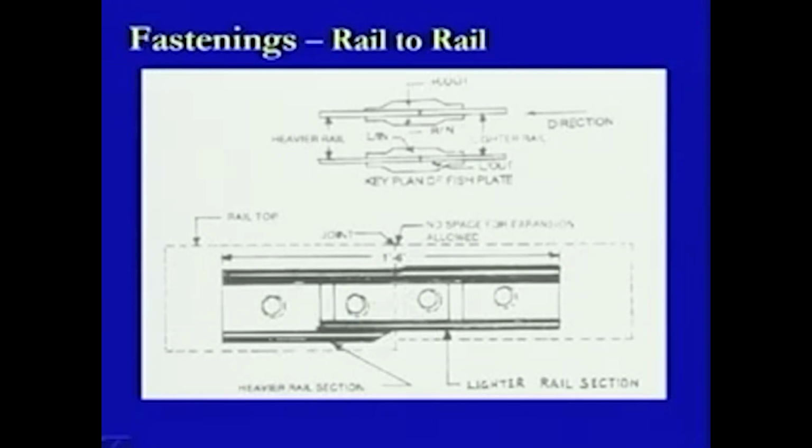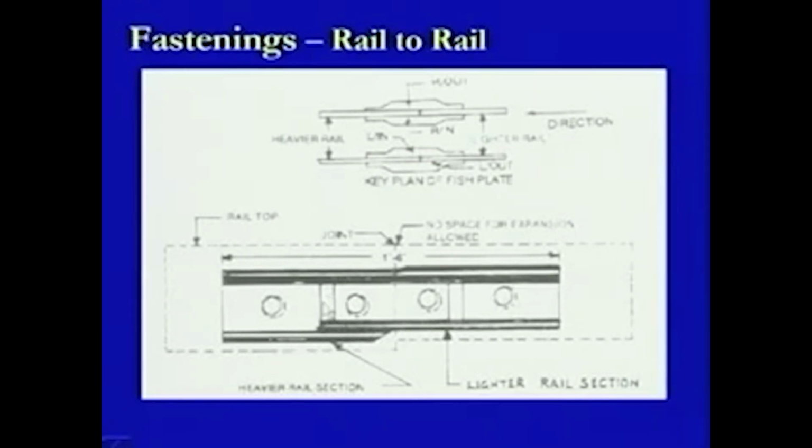Now, in this case there is one fish plate which is used here and this is another fish plate which has been used here. So, when we are using it in this form, then this fish plate will go on the other side of the rail section and this fish plate is coming on the other side of the rail section, and that is how there is an overlapping in this much area.